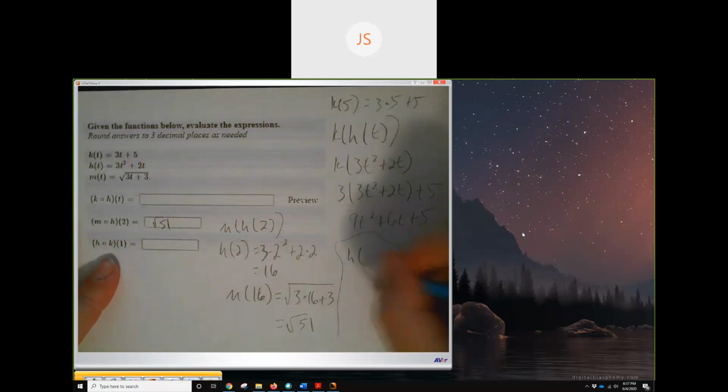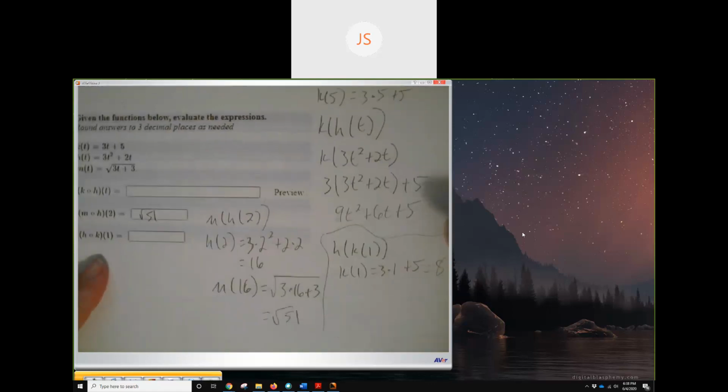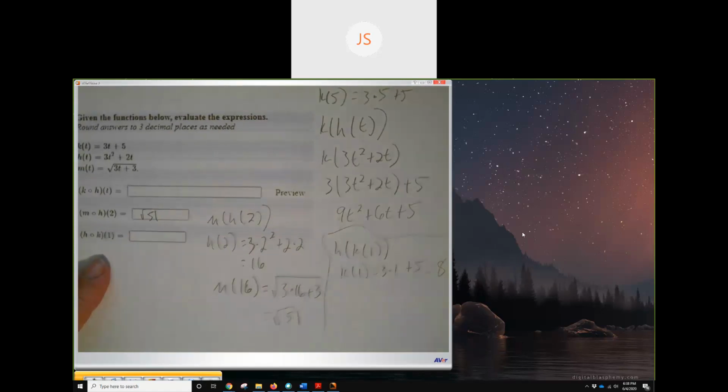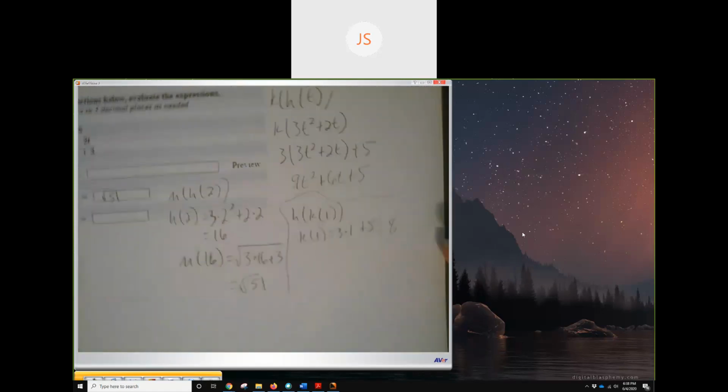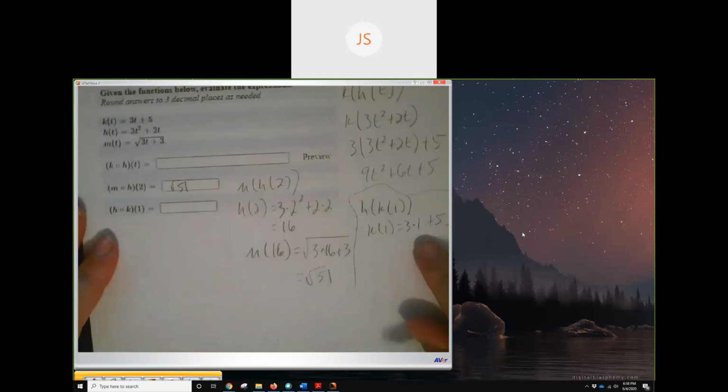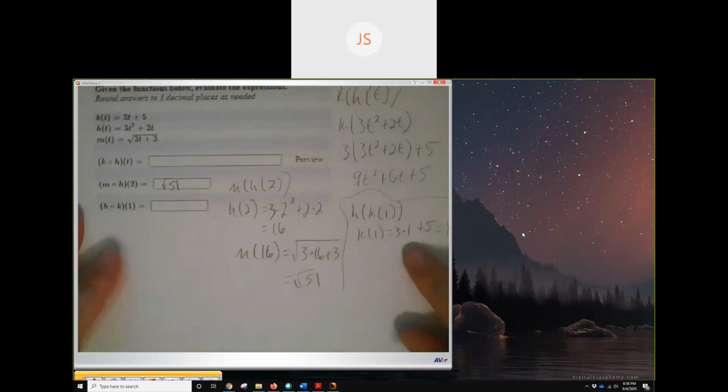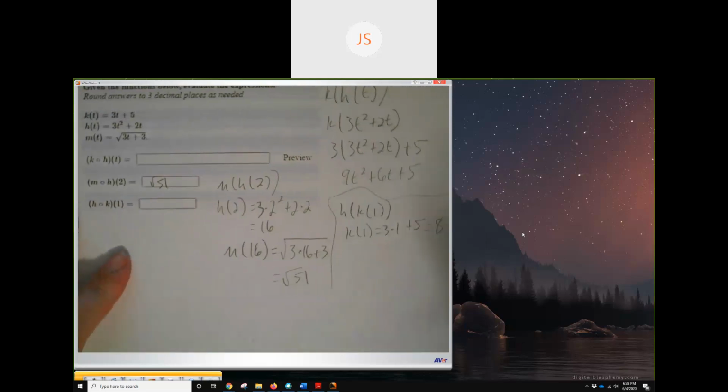And then h of k of 1. First we do k of 1. 3 times 1 plus 5, so that's 8. And then once I know k of 1 is 8, then I replace this k of 1 with an 8.